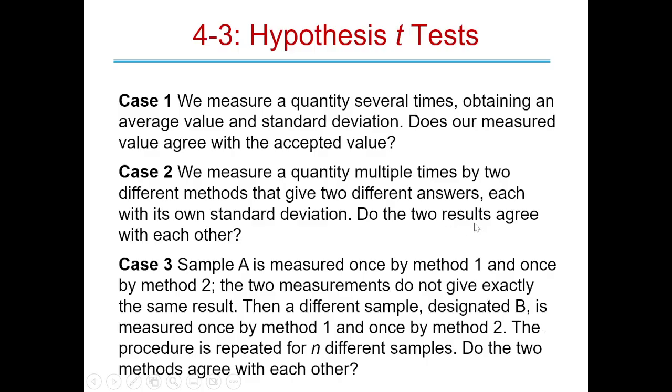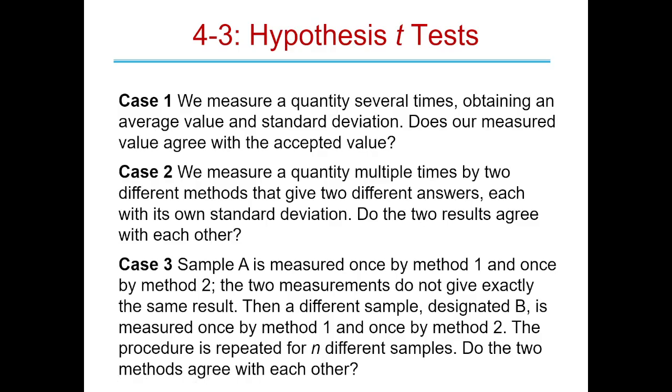Okay, notice the difference between these 2 different cases. This is something people get confused about a lot, right? In both of these, you're typically using 2 different methods, right? But what we're looking for in case number 2 is, do the results agree with each other? What we're looking at with case number 3 is, do the methods agree with each other? So this would be you get a result and you don't believe it from one of them.